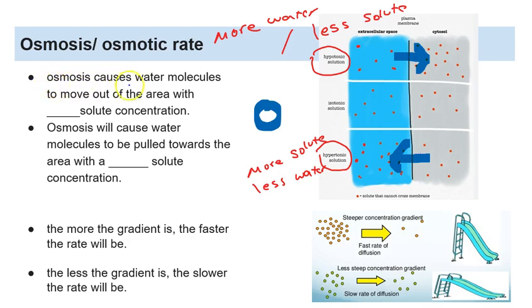Osmosis causes water molecules to move out of the area with which amount of solute concentration? Osmosis causes water molecules to move out of the area with low solute concentration, from low solute concentration to more solute concentration.